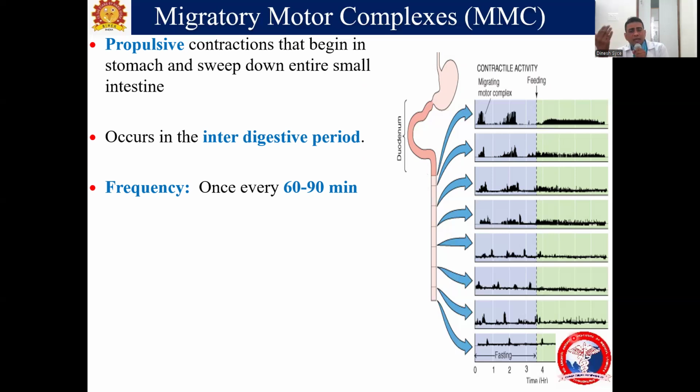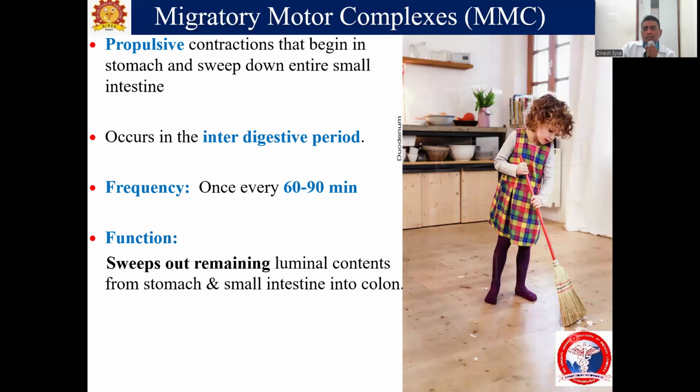So about 2 hours after the meal, what's going to happen? These migratory motor complexes will start in the stomach, go down the small intestine, and their job is to take away, remove these particles of food which are sticking on to the small intestinal walls. Yeah? So the migratory motor complexes begin about an hour and a half after a meal.